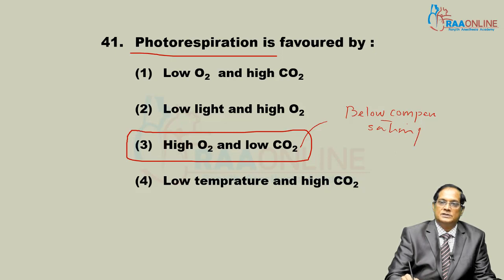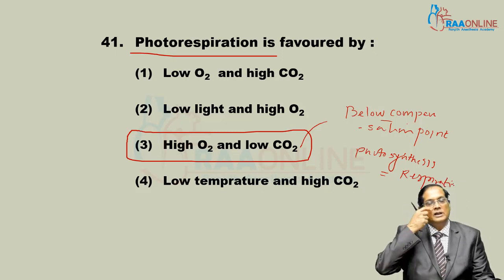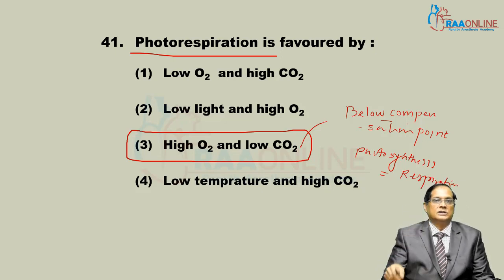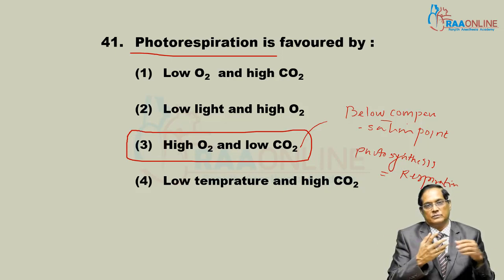And what is compensation point with regards to CO2? That is when the rate of photosynthesis is equal to the rate of respiration. If it is with respect to CO2, it is called CO2 photosynthesis compensation point.